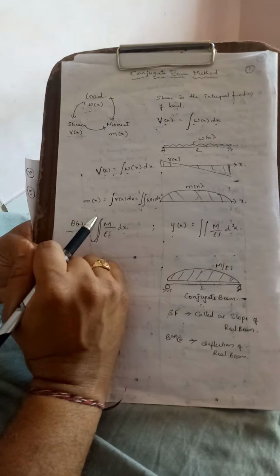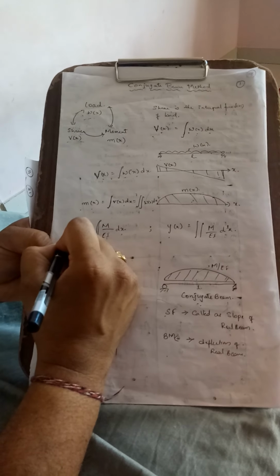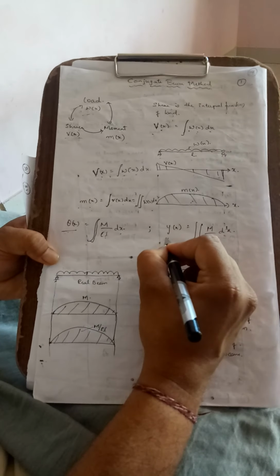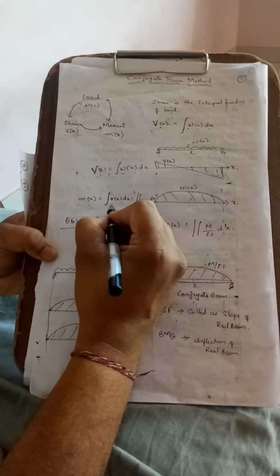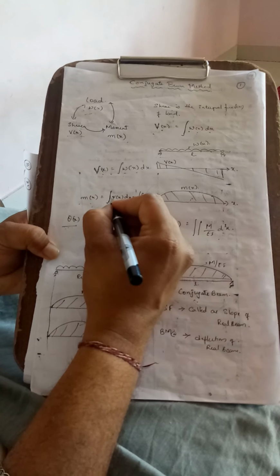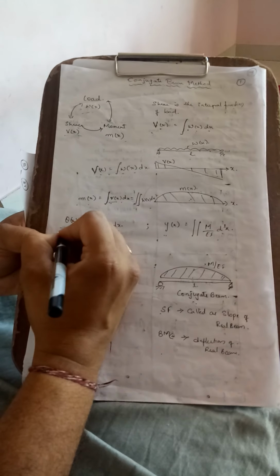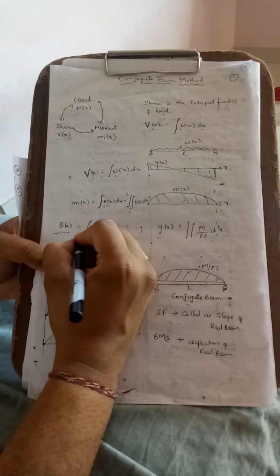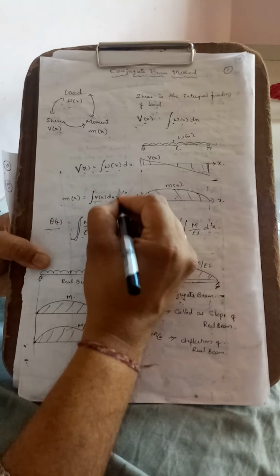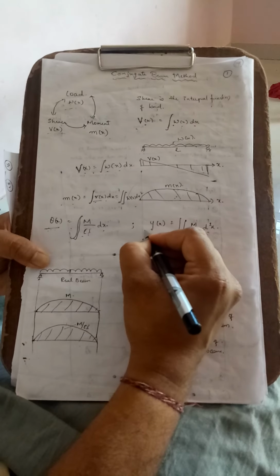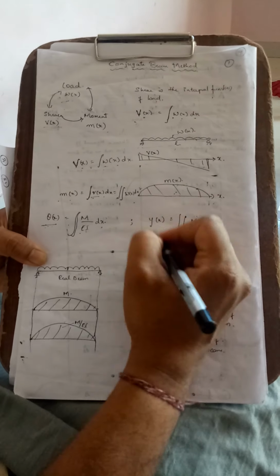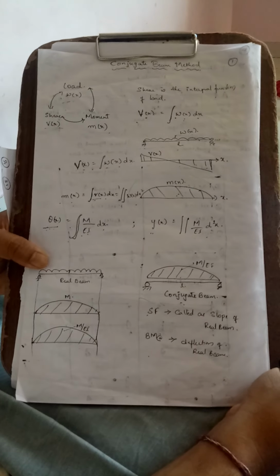Theta is the slope and y of x is the deflection. Now interrelate this. The single integration is nothing but V of x, meaning theta corresponds to the shear force of the conjugate beam, and the deflection corresponds to the bending moment of the conjugate beam.